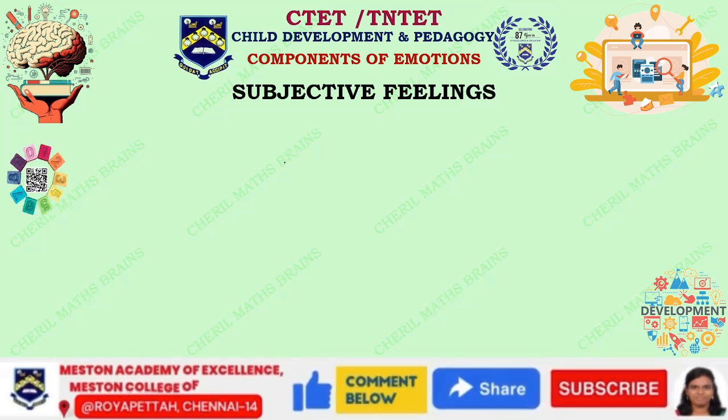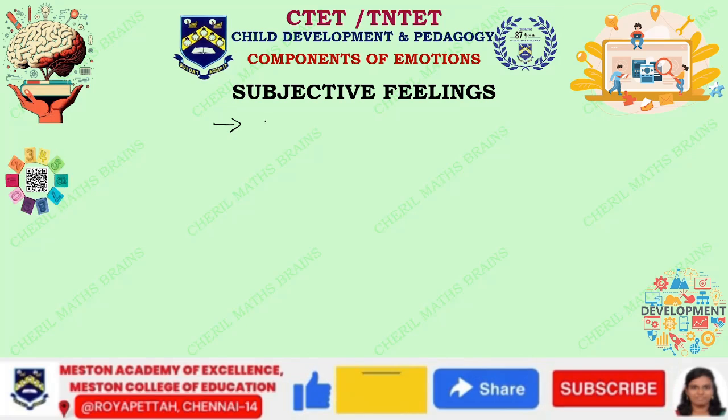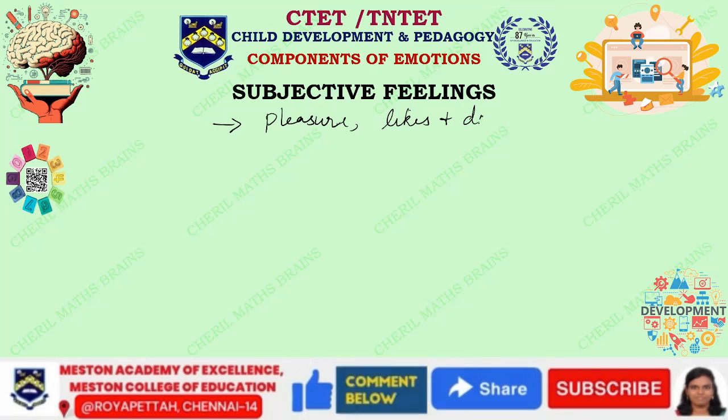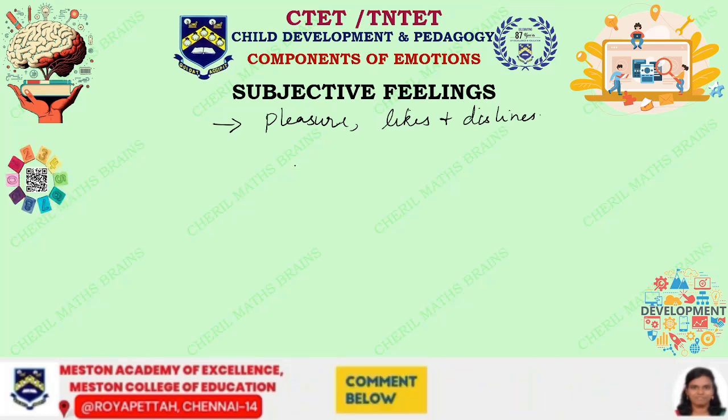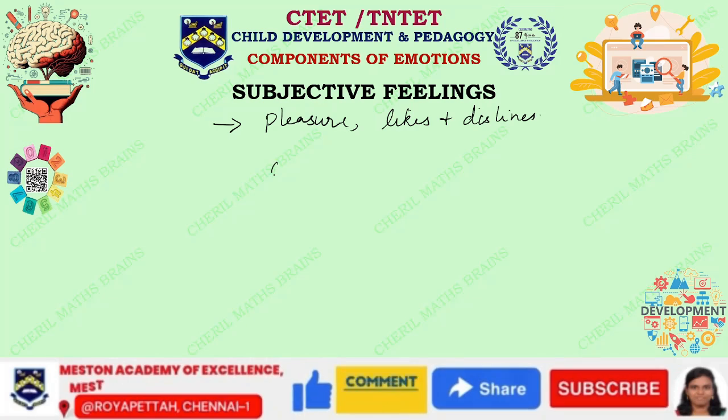The next one is subjective feelings. These are emotions like pleasures, and your likes and dislikes. Here we are looking at a person's feelings, and we must rely heavily on a person's own self report.